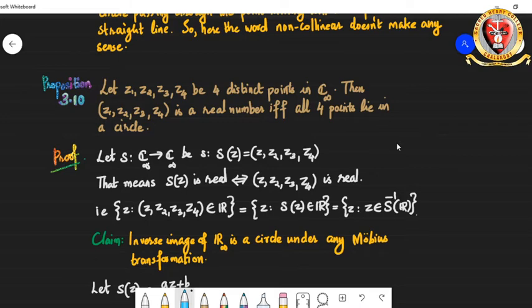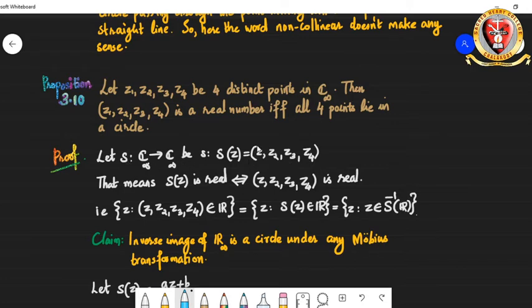The statement says that if four distinct points are given in C infinity, then the cross ratio, the quadruple (z1, z2, z3, z4), is a real number if and only if all the 4 points lie on a circle. For that, we are thinking about the Mobius transformation S from C infinity to C infinity, which is nothing but the cross ratio.